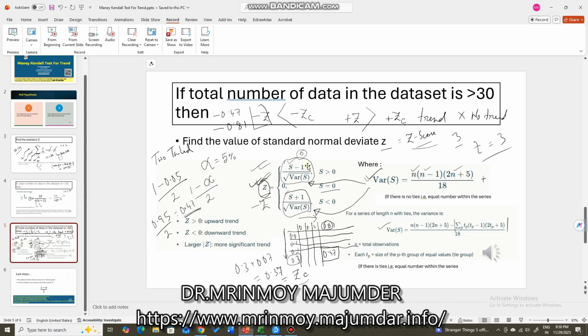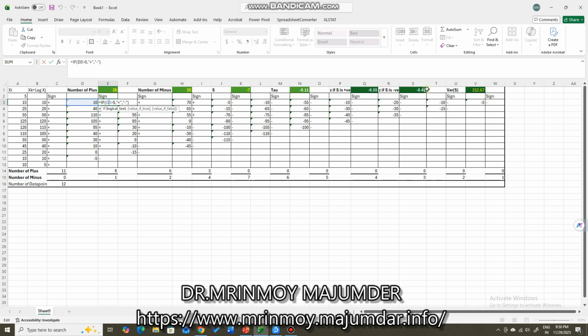If S is positive, then S minus 1 divided by the square root of variance S. If negative, S plus 1 divided by the square root of variance S. If 0, Z is 0. The variance S formula is this. So all this formula was encoded here. You see, if S is positive, the value of Z will be minus 0.55. If S is negative, the value of Z will be minus 0.41.